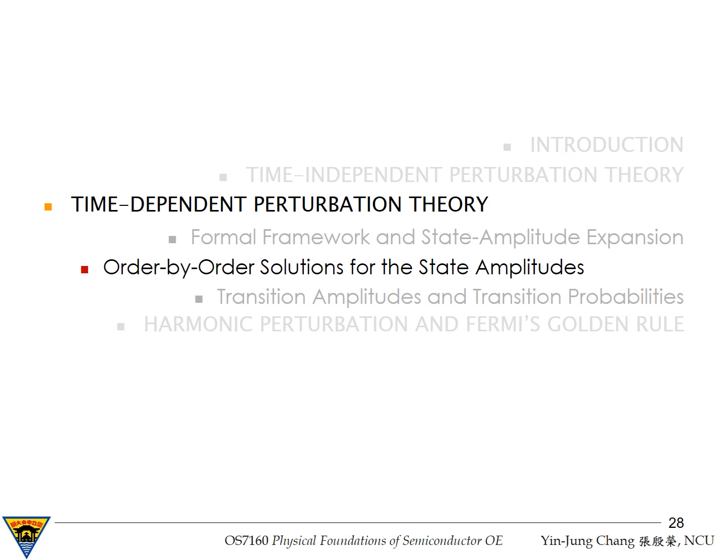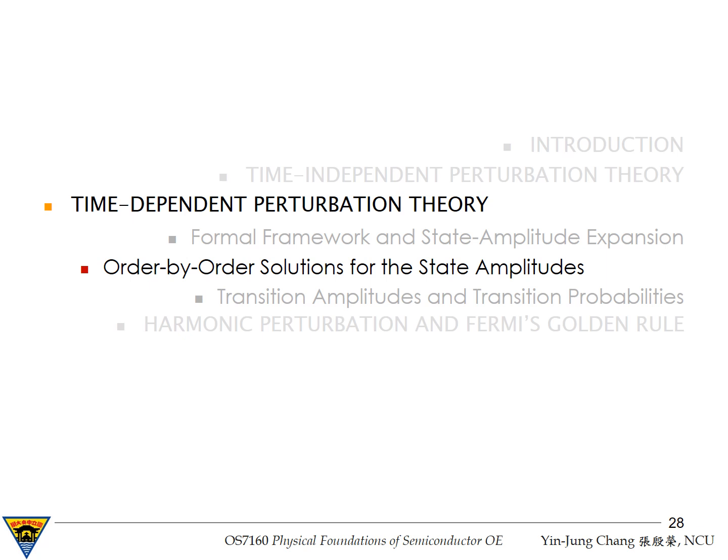The zeroth order equation, which describes the unperturbed system, the first order equation, which gives the leading correction to the amplitudes, and the second order equation, which gives the next correction, and so on. So the goal of this subsection is to show how the state amplitudes are determined systematically, one order at a time.